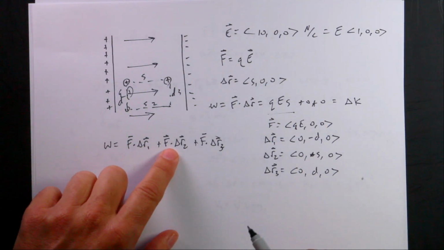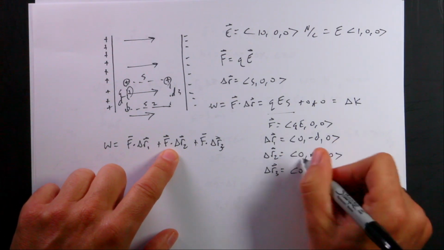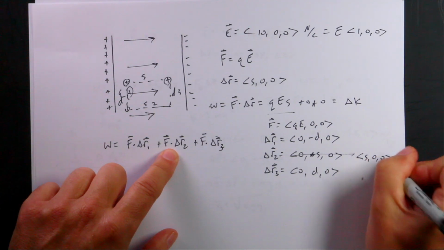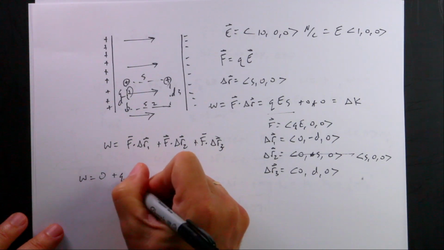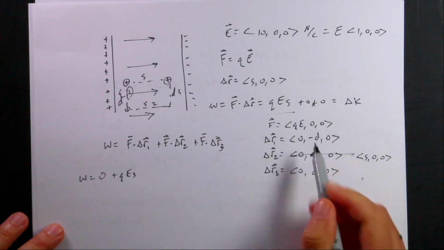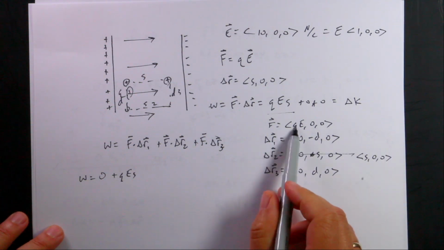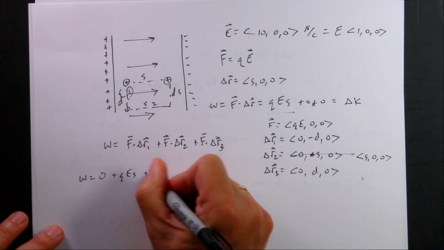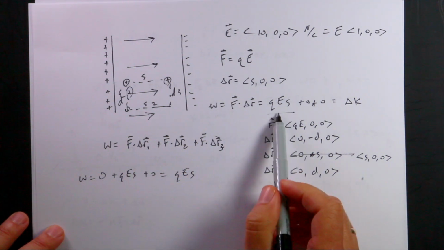This one for 2, this is S, 0, 0, sorry. So I get QE times S, so I get plus QES, and then 0 times 0 plus 0 times 0, and then finally I get QE times 0 plus 0 times D plus 0 times D, so I get 0. So it's QES. So that's the exact same work as done before.